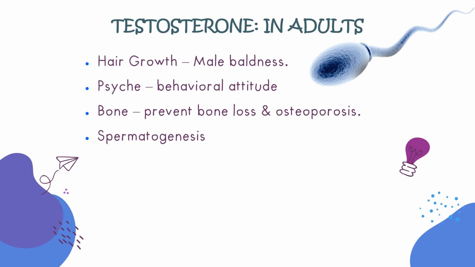It is very important to note that within the seminiferous tubules the testosterone concentration is very high, and such a high concentration, even in the local region, cannot be achieved by exogenous testosterone therapy.